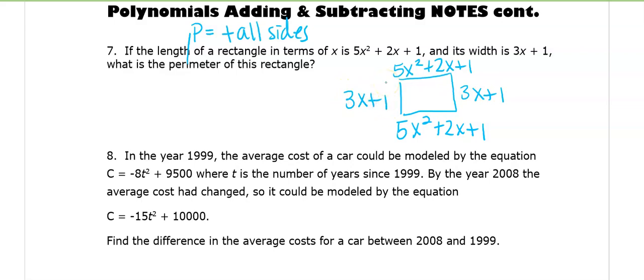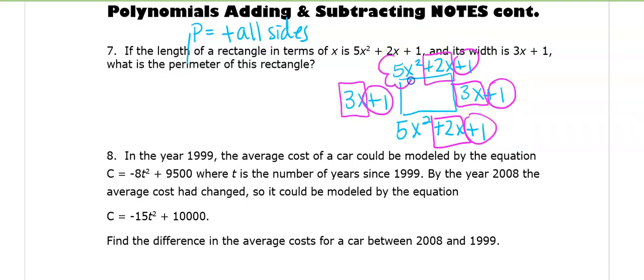So right here, since it's adding, I can just combine them all. I don't have to do anything special. So I'm going to come over here and say, who has the same last name as 3? That would be 2, 3, and 2. Who has the same last name as 1? All the 1s. And then this problem has its own little last name over here, the x squared, which is actually going to come first in proper form.